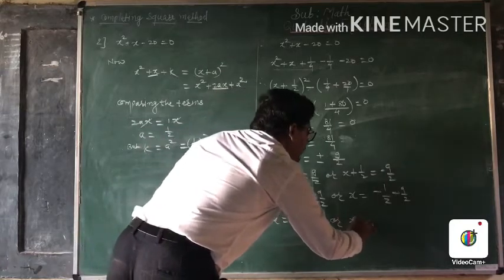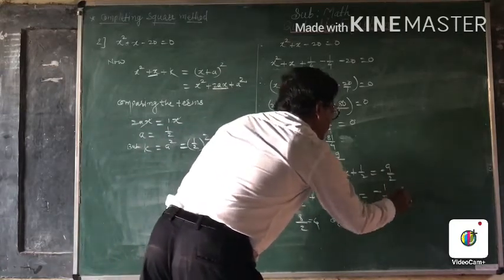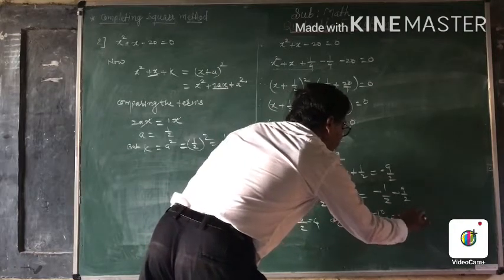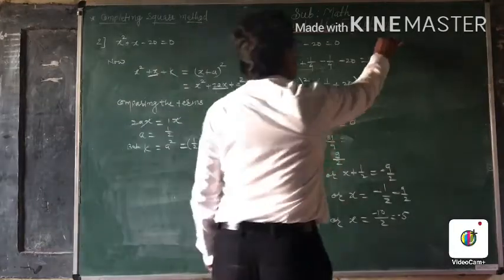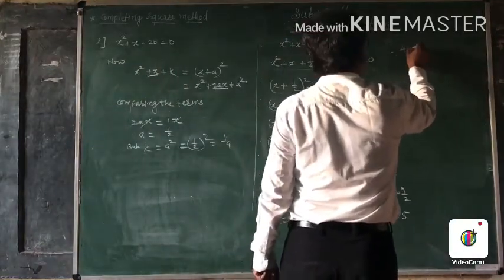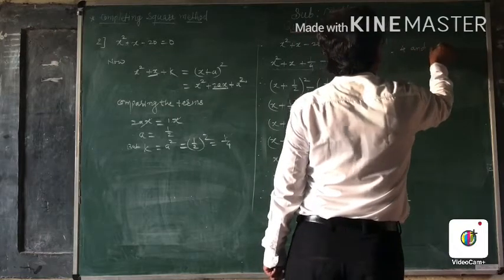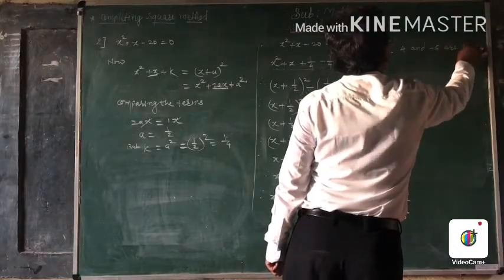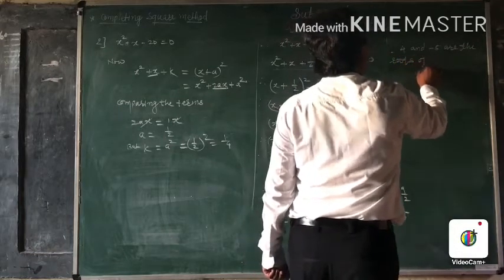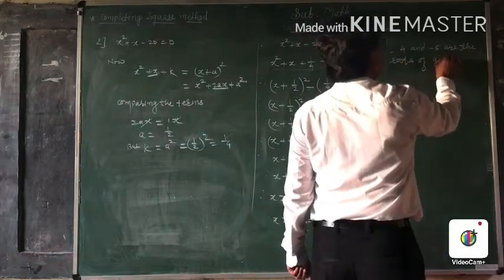Or x is equal to minus 1 minus 9, minus 10, divided by 2, which is equal to minus 5. These are the roots of the quadratic equation. Therefore, 4 and minus 5 are the roots of the given quadratic equation.